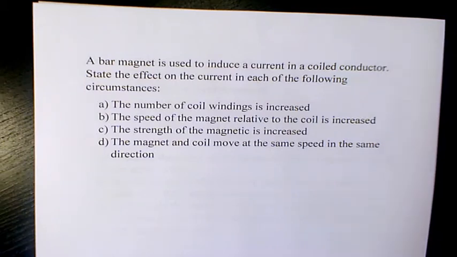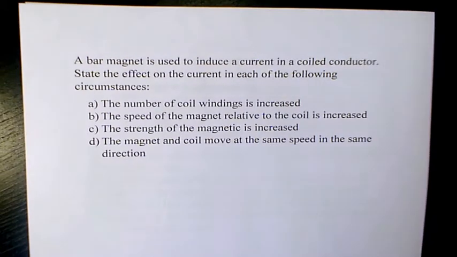Next example, it says a bar magnet is used to induce a current in a coiled conductor. State the effect on the current in each of the following circumstances. Part A, when the number of coil windings is increased.